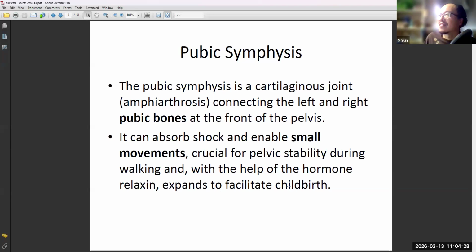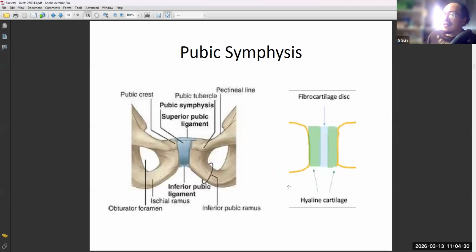So this is where the symphysis is located. Here is the fibrous cartilage, here is that disc, fibrous cartilage. Here you have the hyaline cartilage, and here is that disc.